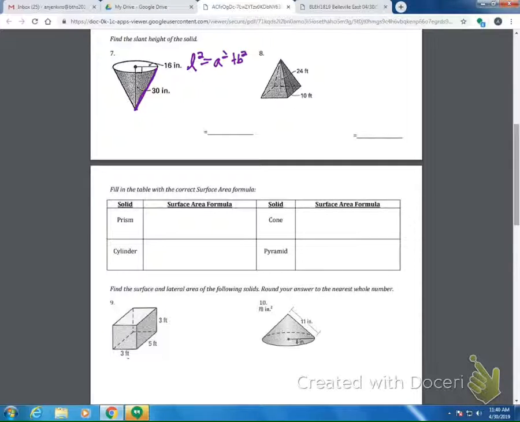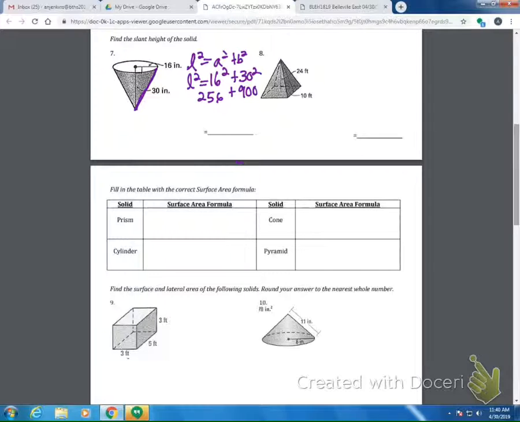Okay, so we're over here. Jaden, what is our A? 16. And what's your B? 30. Okay, so when we multiply those together, Reggie, what do you get? Actually, let's do them in parts. What's 16 squared? Yep. 256.